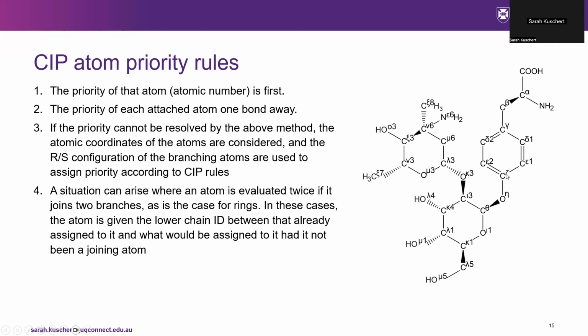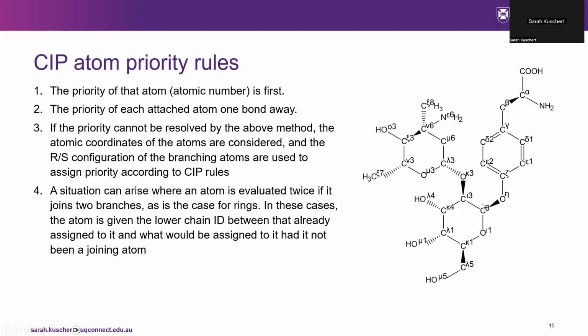And this occurs in many different stages of this extremely branched amino acid, which is actually derived from the middle residue of vancomycin. So the way in which priority is determined is that the priority of the atom is first. So a heavier atom gets a higher chain priority number.